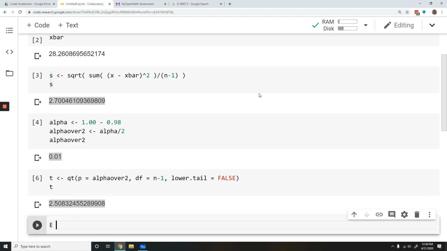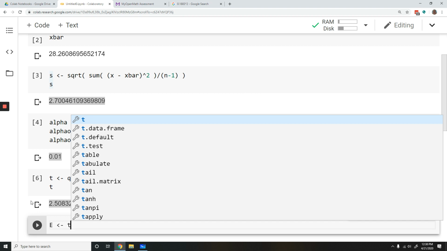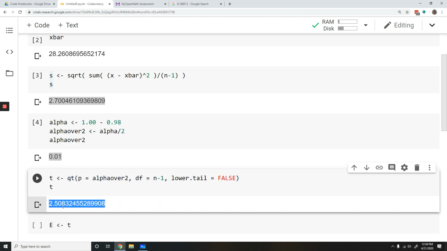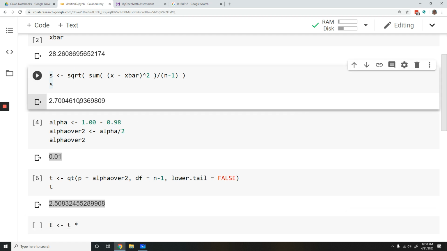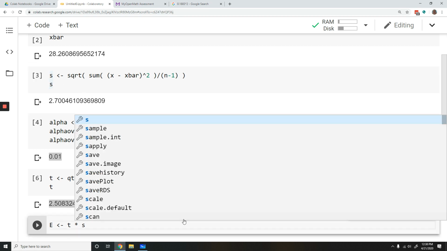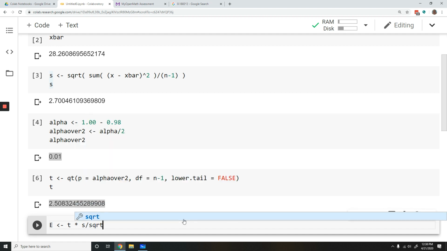So our error is going to be our t-score, our t alpha over 2. You could either copy and paste that number in, or if you store it in a variable like I did, you could just type in the variable. So I'm just typing in the t, and I'm going to multiply that by my sample standard deviation. And again, you could copy the 2.700 here, or if you store it in a variable, just type in the variable, divided by the square root of the sample size.